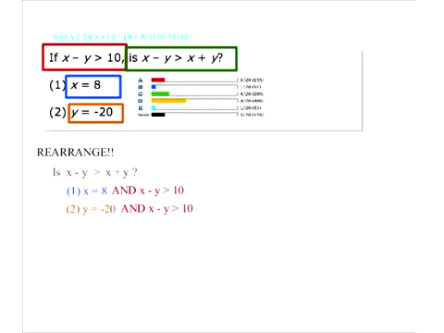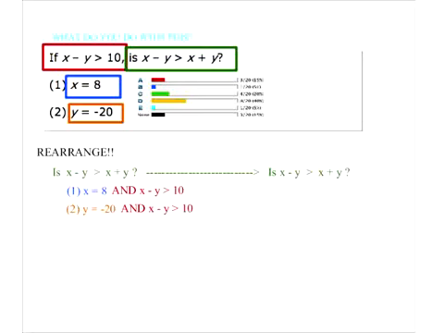So this is probably going to make your lives a lot easier. Let's go ahead and go through this problem just to see how it works. A couple of you people have been rearranging the question, so let's do that real quick. You can play with this question a little bit. Is x minus y greater than x plus y?